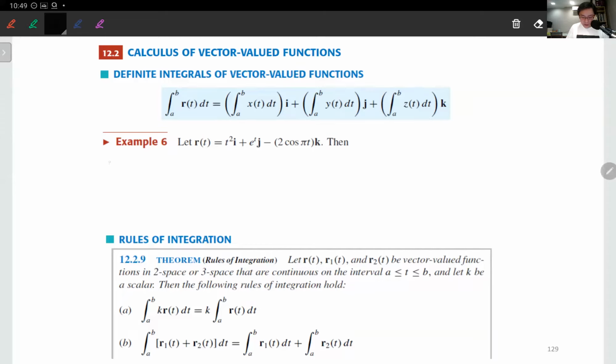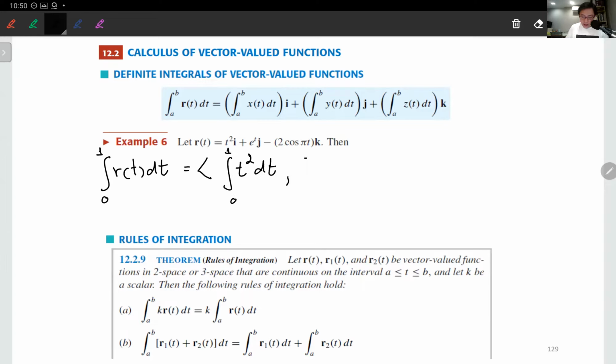All right, so let's give it a shot. So I'm going to say integral R of t dt. Now, I can show you some definite integral. I can set a lower limit and upper limit, whatever. So let's do from 0 to 1. That will be fine. Okay, so all you need to do is just do the integral component by component. So what it means is in the x direction, I have to integrate t squared dt from 0 to 1.